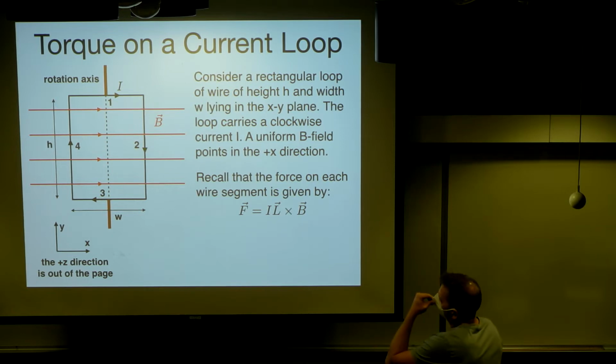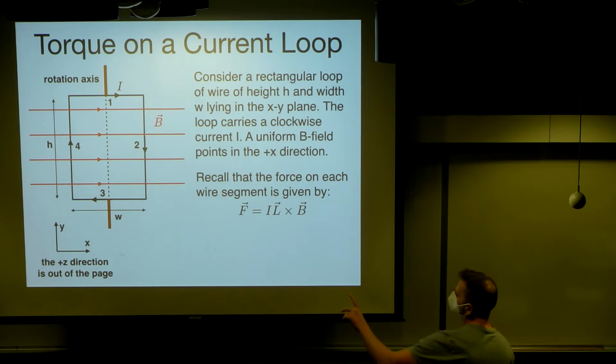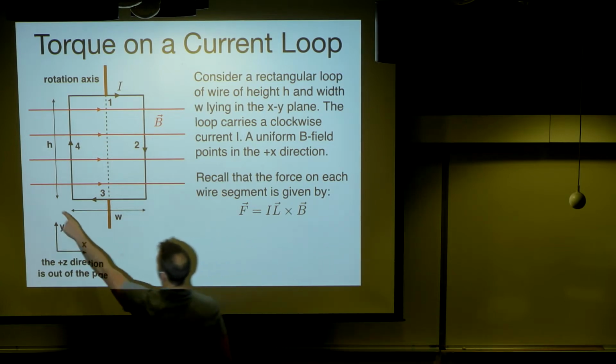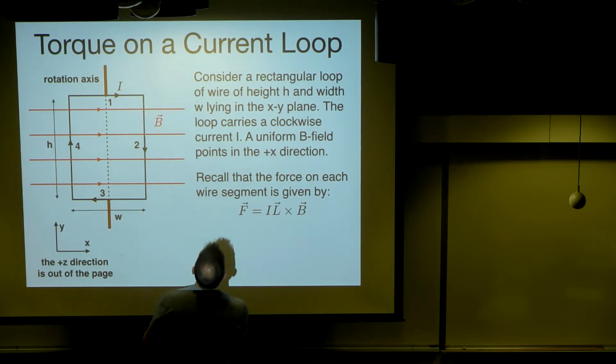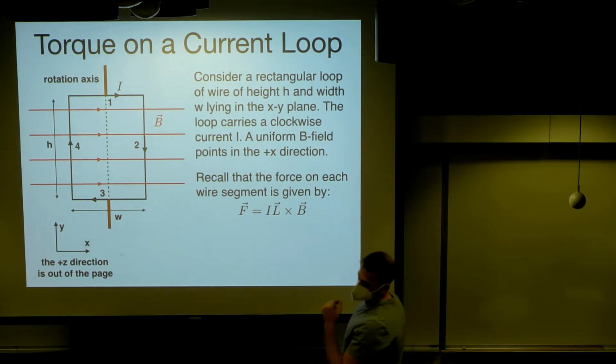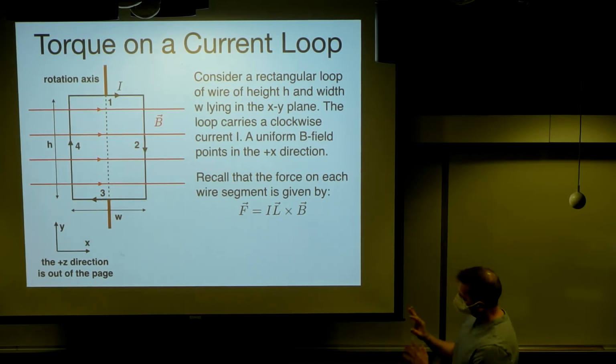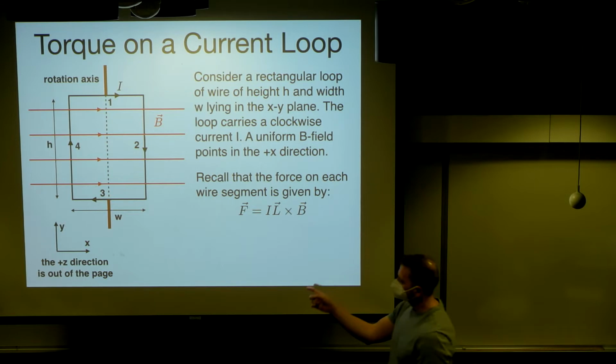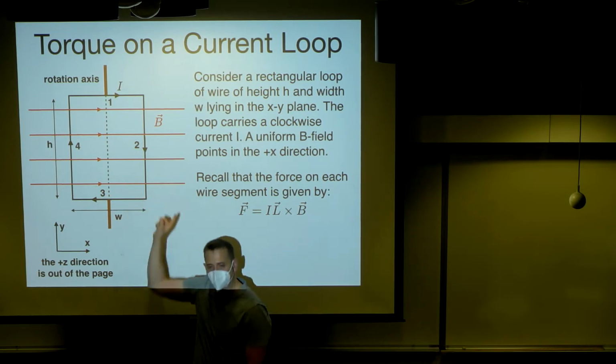All right, so here's the setup. We have this rectangular loop of wire. The height of the wire is h. So there's our h distance right there. The width is w right here. And for the time being, we're going to imagine that this loop lies in the xy plane. The loop also carries a current. So just imagine there's a current going all around the loop.